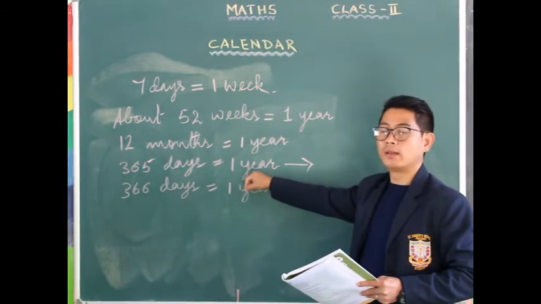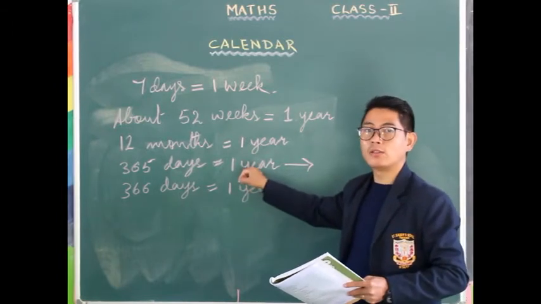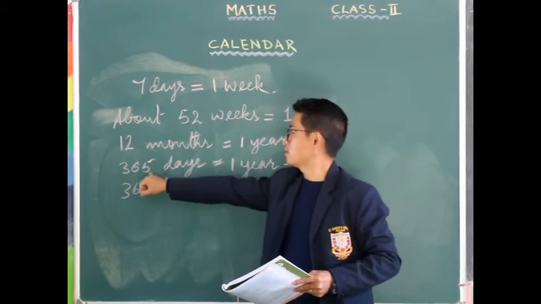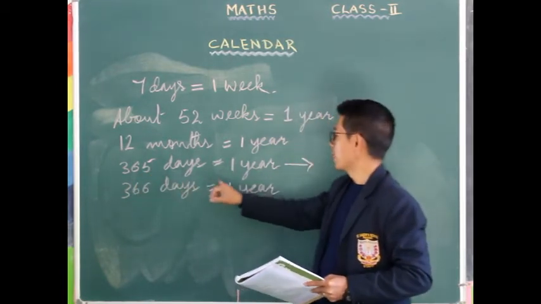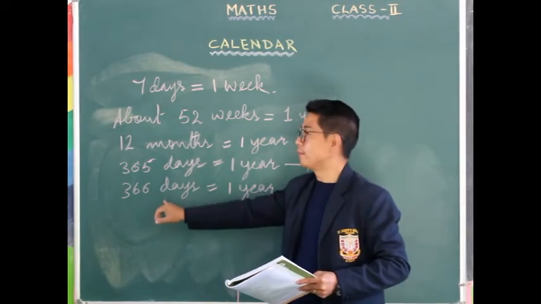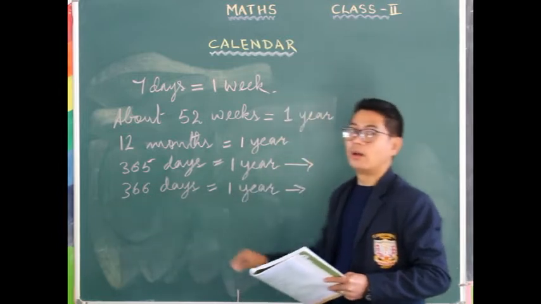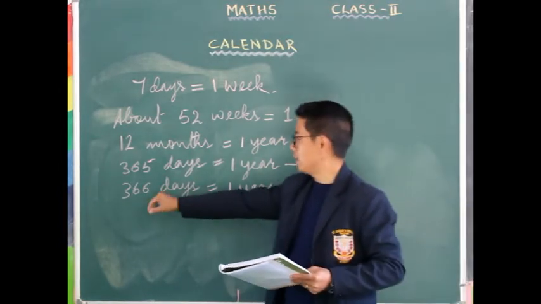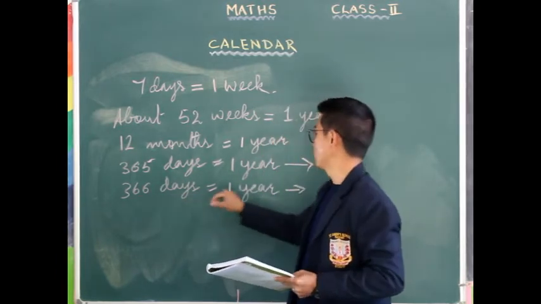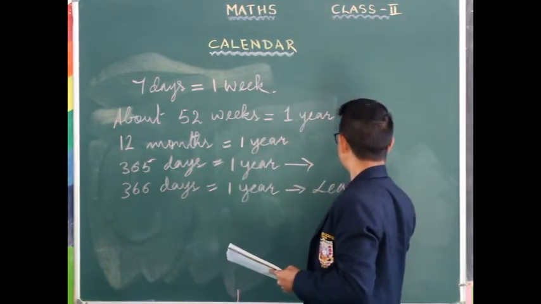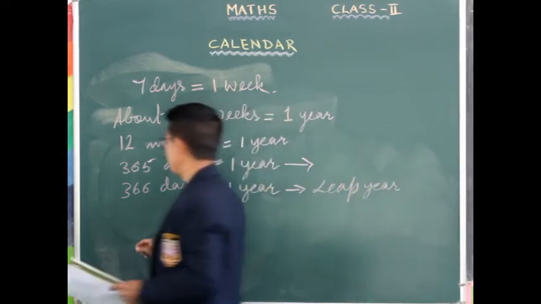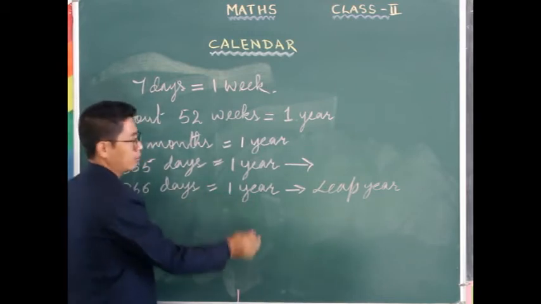If the year calendar is a non-leap year, then all the days in a year is 365. If the calendar is a leap year calendar, that means February has 29 days, then it is 366 days, which we call a leap year. Do not forget this one. This is called leap year.